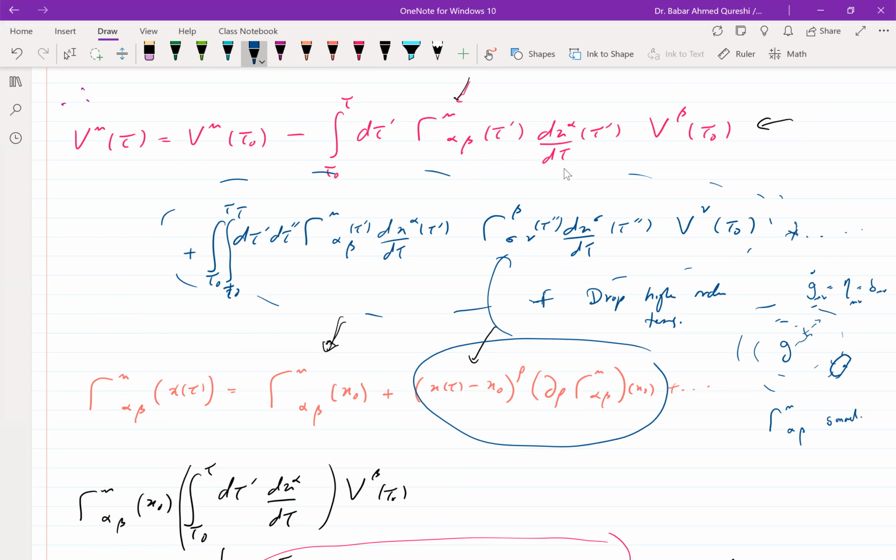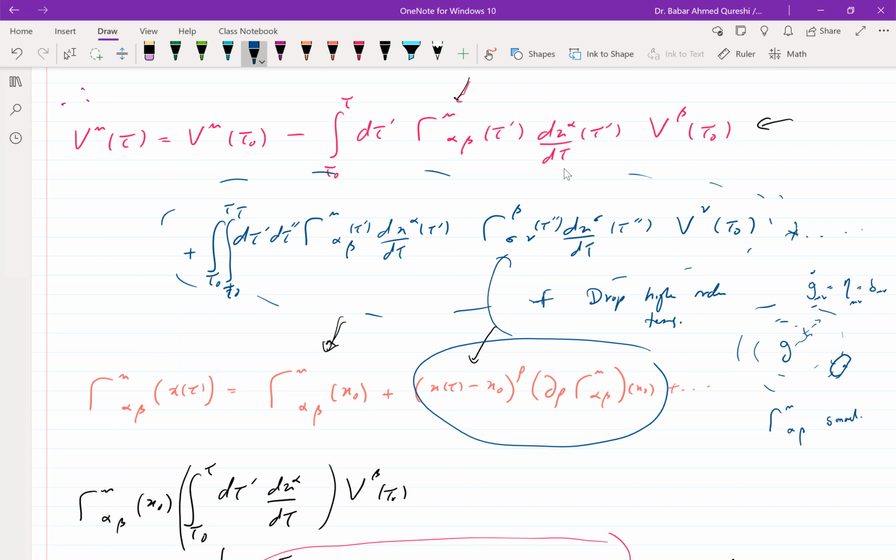From this equation, I can have one linear term in gamma and one term involving no derivative of this Christoffel and one term involving a derivative of the Christoffel.